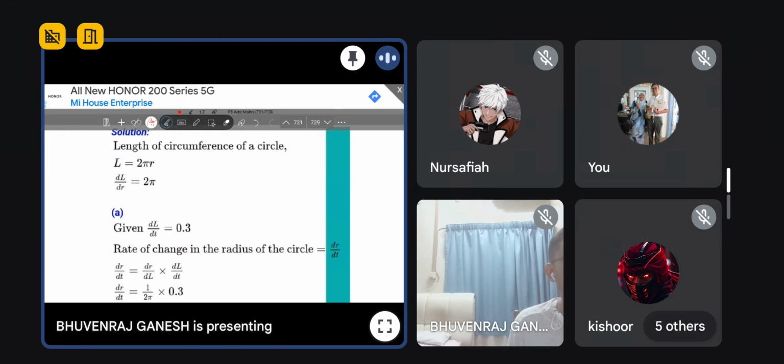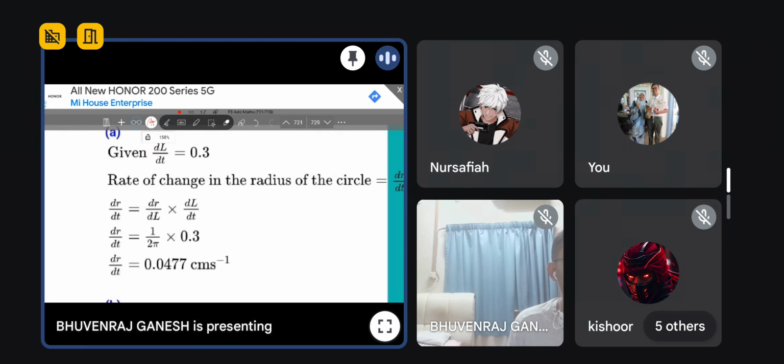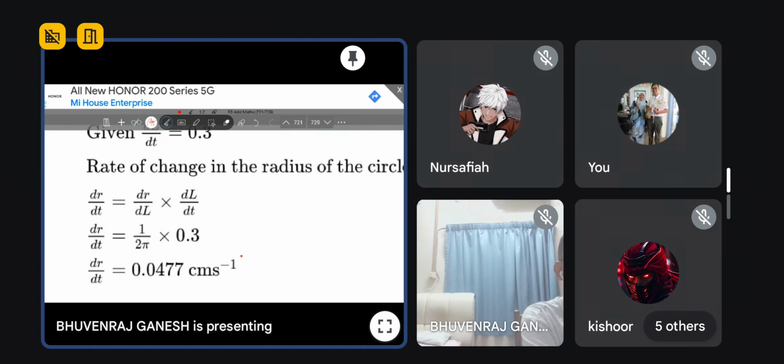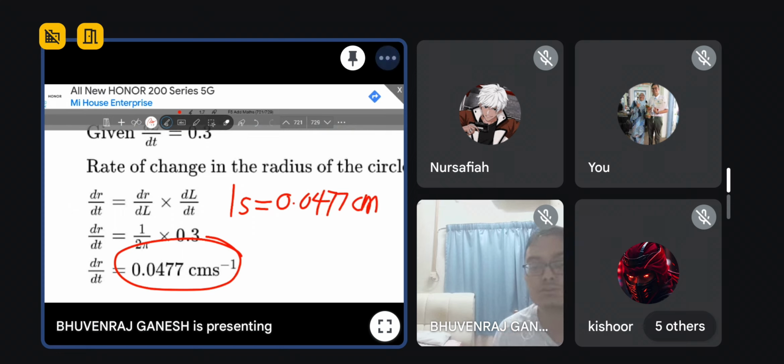So delta R, macam mana dapat? If you notice, in part A, you already get an answer. Cuba analisis nilai ni, guys. You have to analyze this value. In other words, 1 saat, jejari dia akan bertambah sebanyak nilai ni. Do you understand guys? Because it's cm per second, per saat. Maksudnya 1 saat nilai dia yang ni.